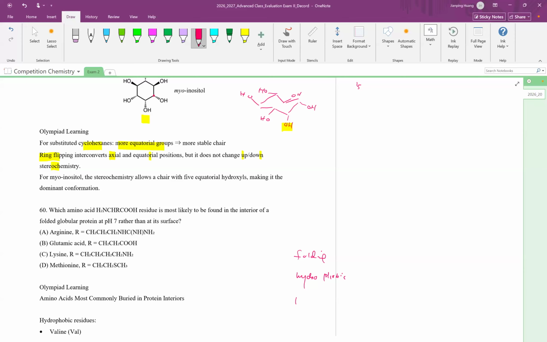Now another one is called polar and charged residue. That's called hydrophilic, which goes to the water on the surface. You got it. That's basically protein folding. Hydrophobic goes inside, polar charged goes outside on the surface with water.